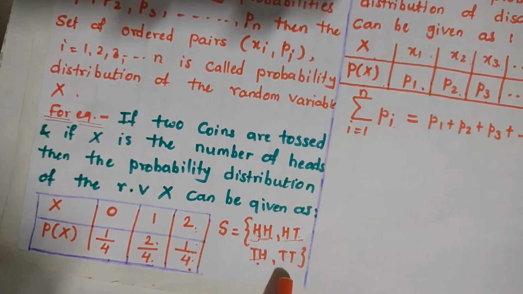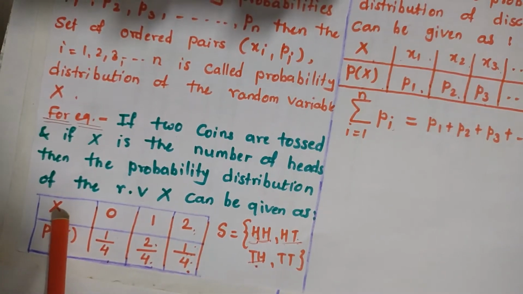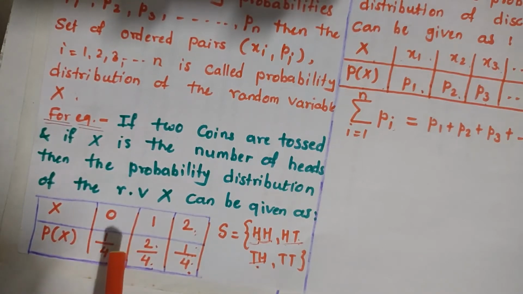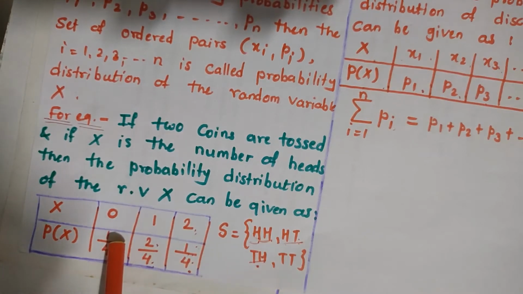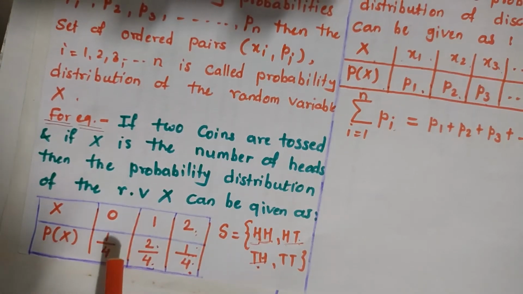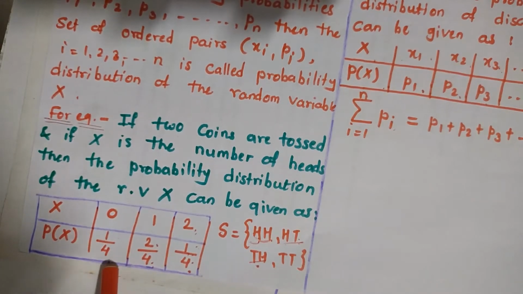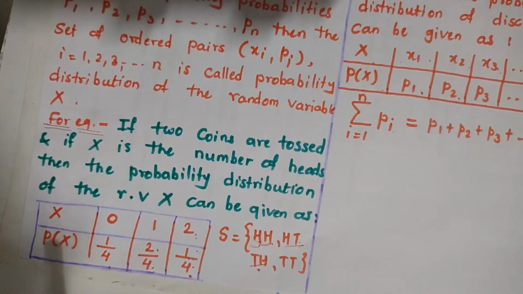So when X is equal to 0, then the probability of X is 1 upon 4, that is 1 possibility of no head upon the total number of sample points, 4. So P of X equal to 0 is 1 upon 4.